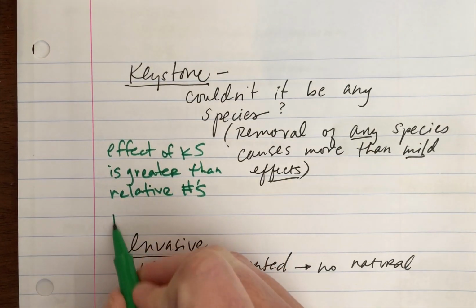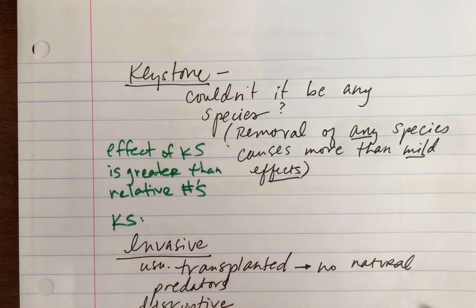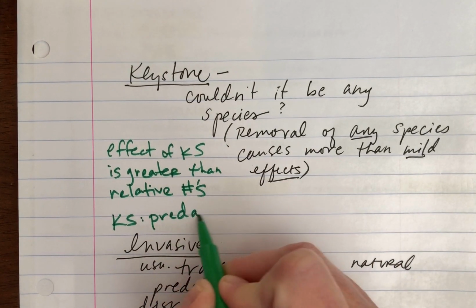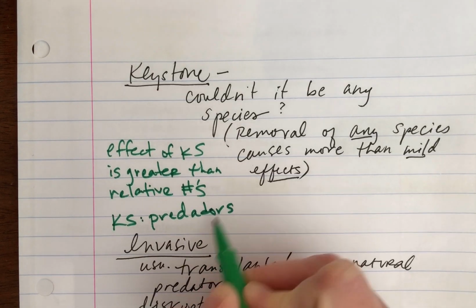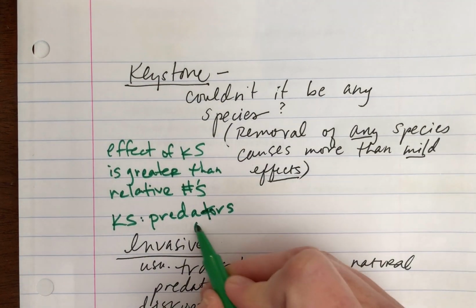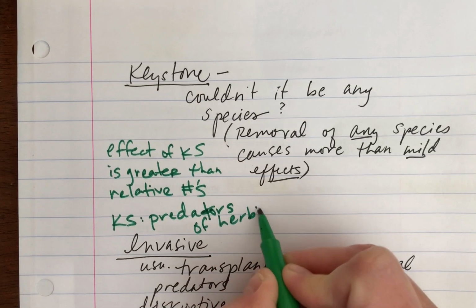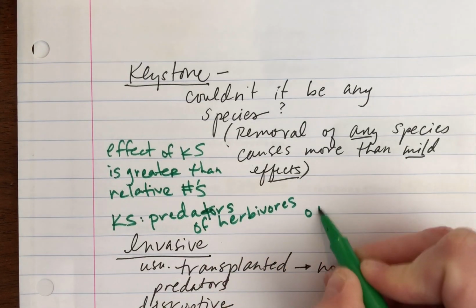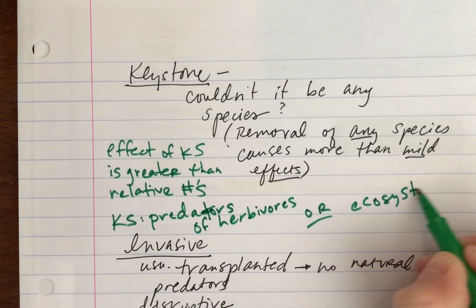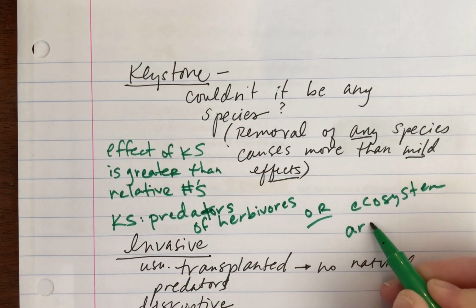And the best examples of keystone species are either predators, of herbivores, or they're what we call ecosystem architects.